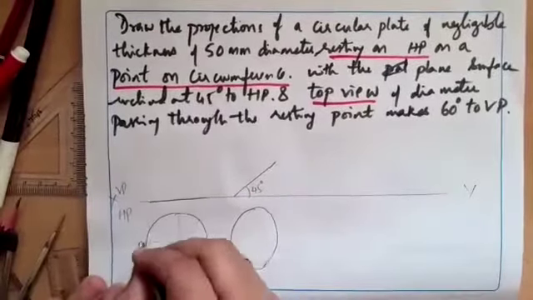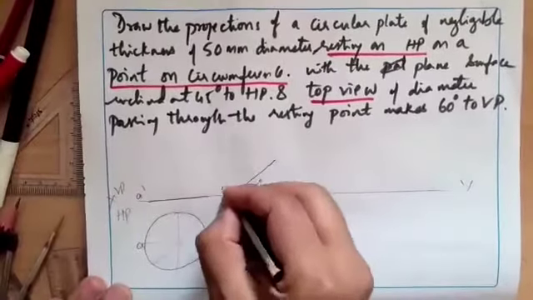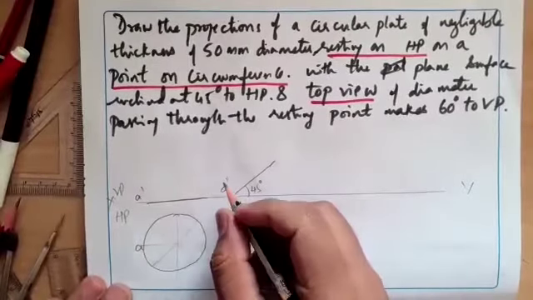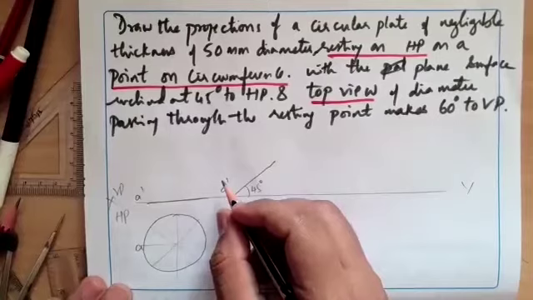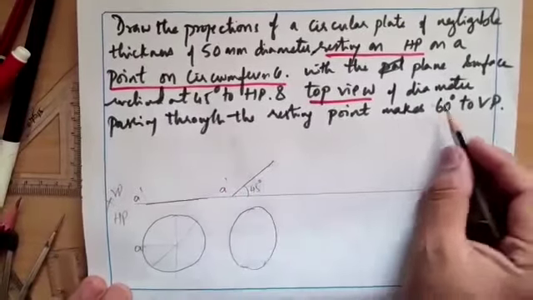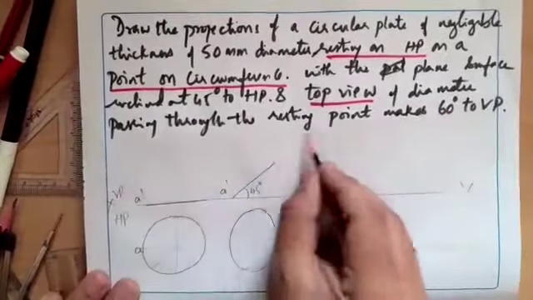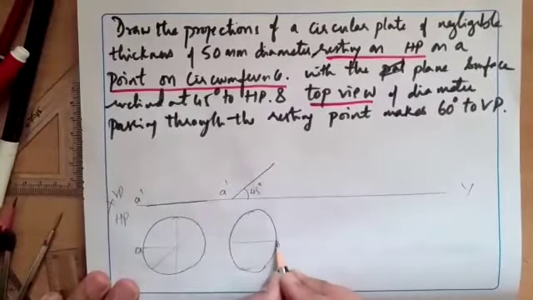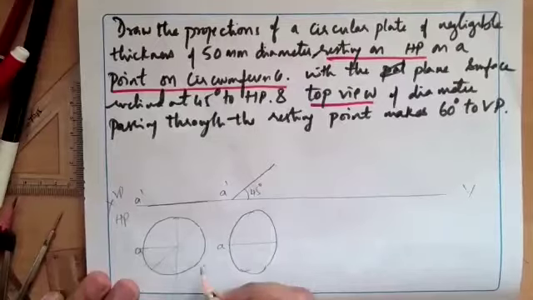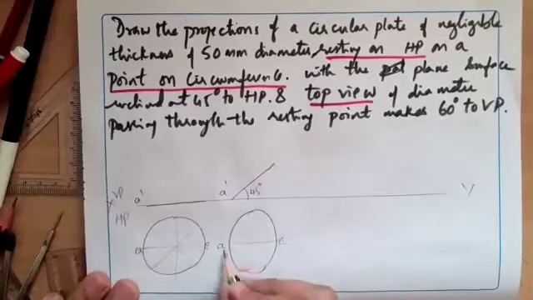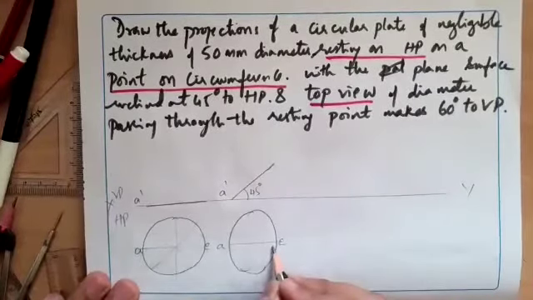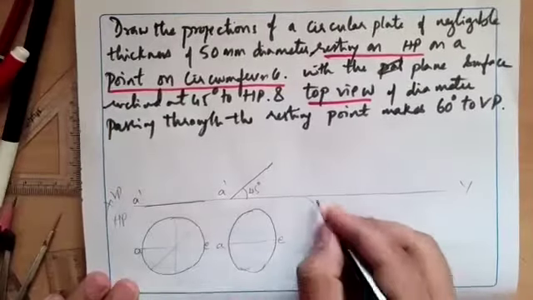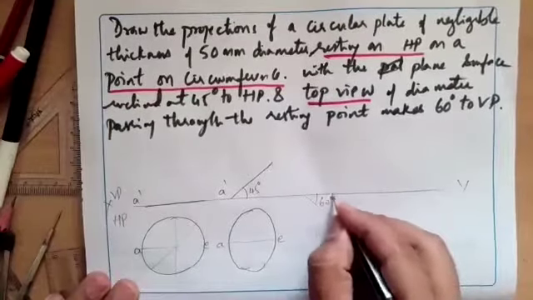And if it is lying on a point A dash, see the top view of diameter passing through the resting point, that is, this is the diameter. Diameter passing through this resting point is A, B, C, D, and E, AE. This diameter is inclined at an angle of how much? 60 degree to VP.